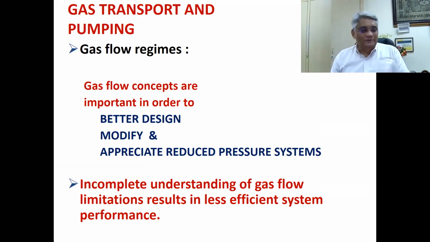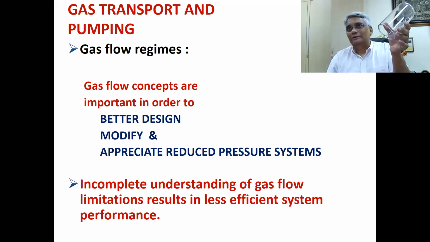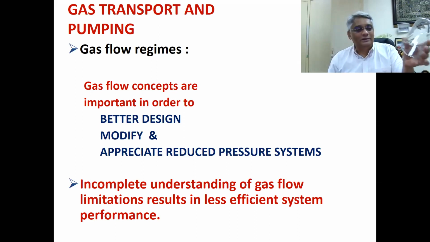But in most cases, that doesn't happen. That's the ideal situation. Then I'm also measuring the conductance of this circular aperture, as I told you yesterday, which is 11.7 times the cross-section area.